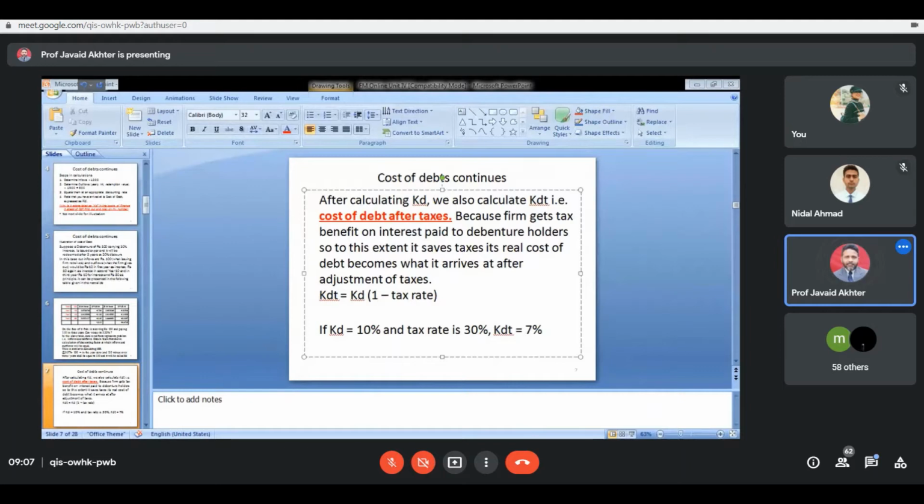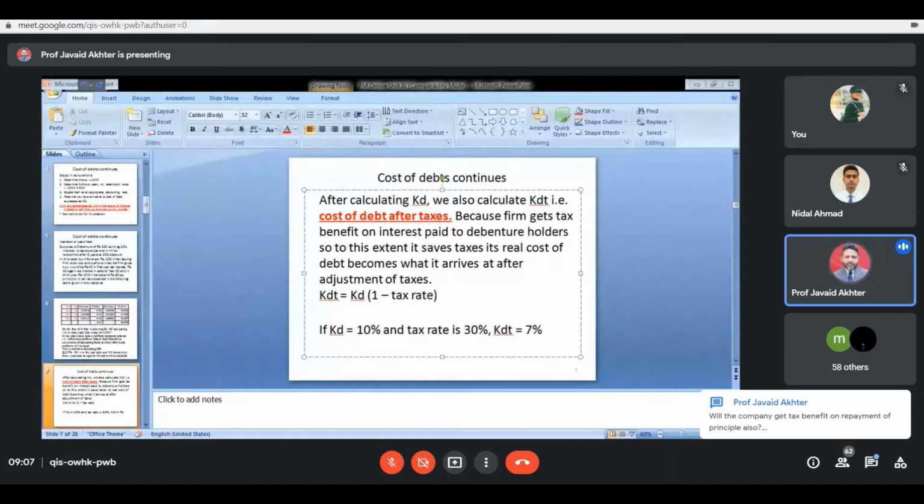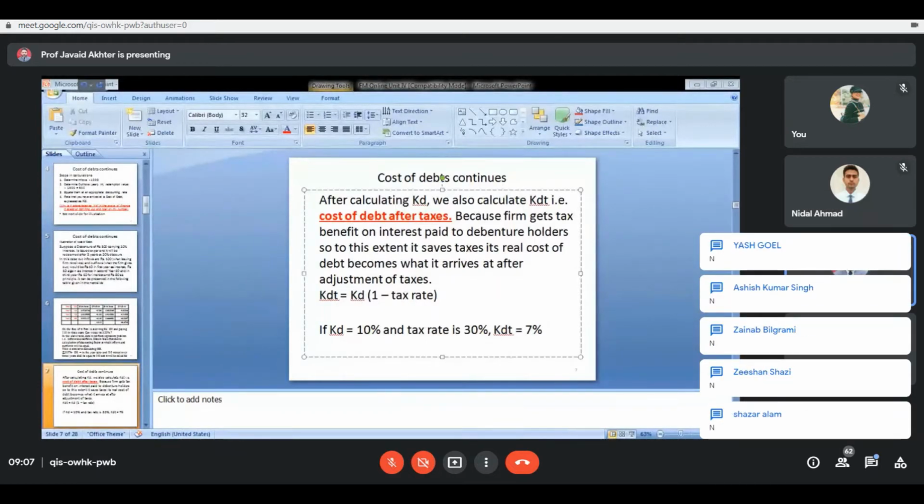Yes or no? I have just written this. You are all required to write Y or N. Just write Y. Why will it not get?